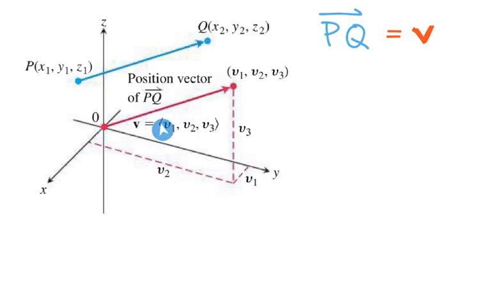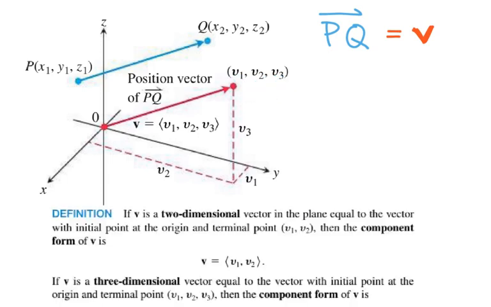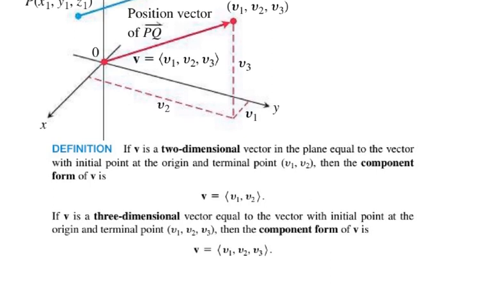And you'll notice we have these pointy braces here. We use these pointy braces when we have a vector that starts at the origin, and we can call this component form. So I could pick this vector up and move it somewhere else, and it would still have that same length and magnitude, but the component form says, hey, we're starting at 0, 0, 0 and traveling to some point X, Y, Z. So I've pulled in a definition here.